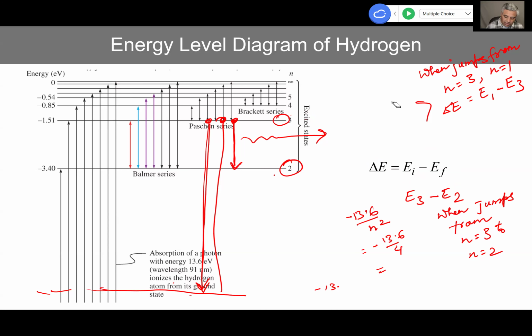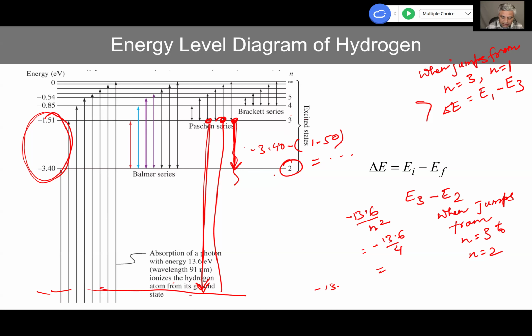So all you have to do is take the difference between these two to figure out the energy difference there. So final minus initial. For example, negative 3.40 minus negative 1.50, so that difference is the energy difference.